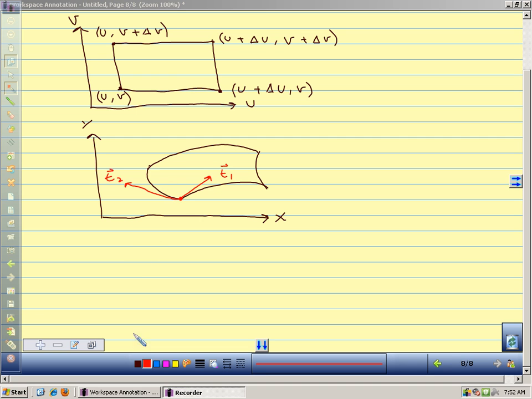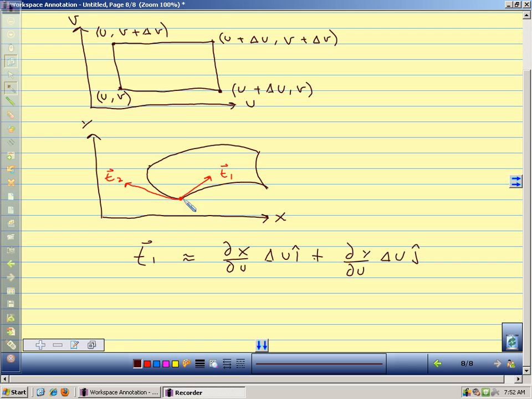So we're going to write an expression for the tangent vectors. So T1, as we move from u to u plus delta u, and as we move from v to v plus delta v, T1 is going to be approximately dx/du delta u, that's my i component, plus dy/du delta u in the j direction.